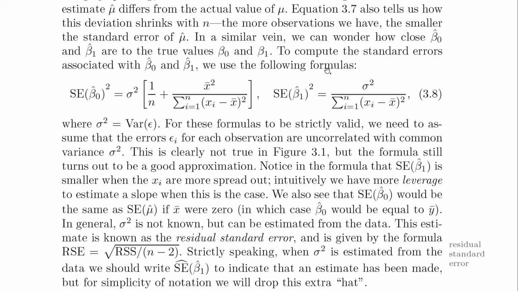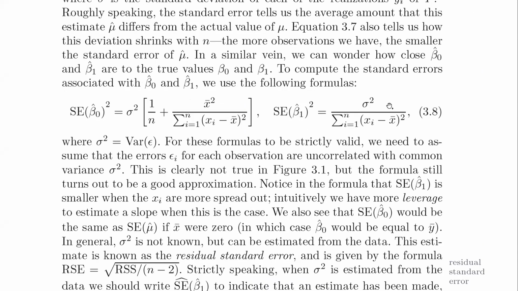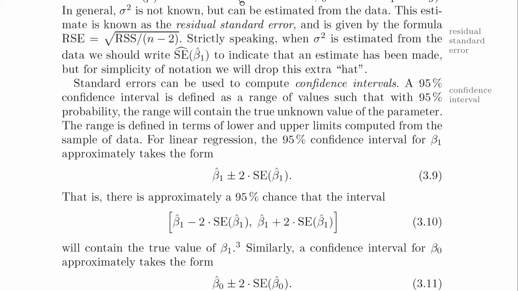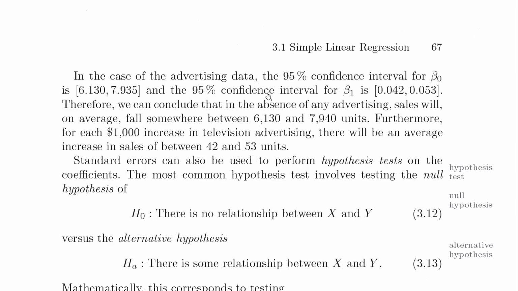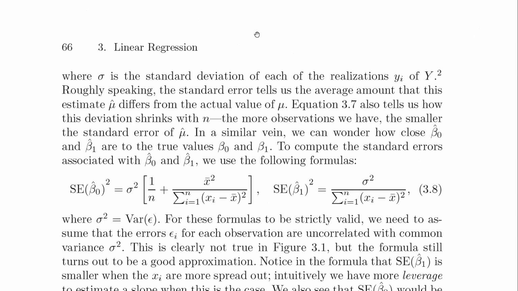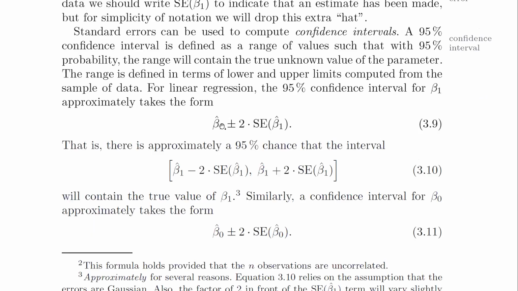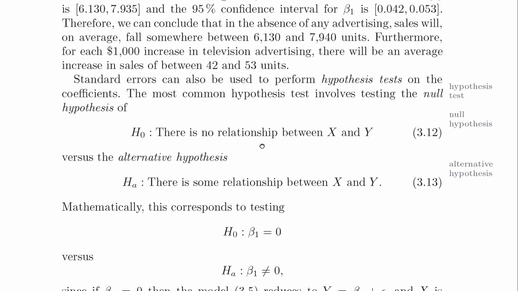This is calculated using this formula, but you need to square root it. And I really think we've said enough on this topic, and hopefully we better understand what we mean by beta 1 hat and plus or minus 2 times the standard error in beta 1 hat. Now, hypothesis testing.